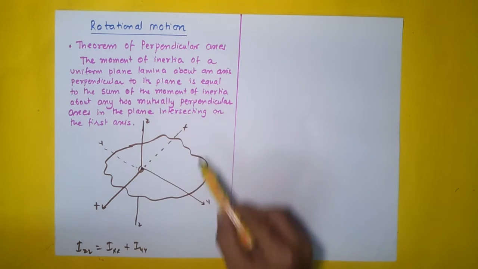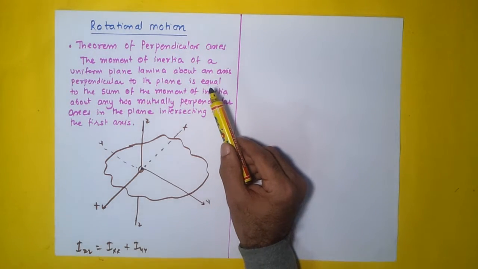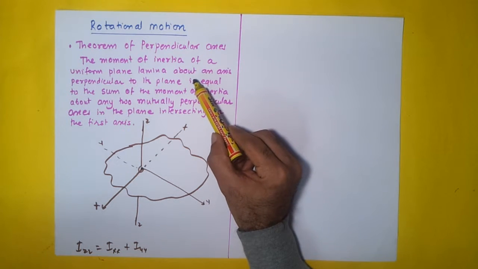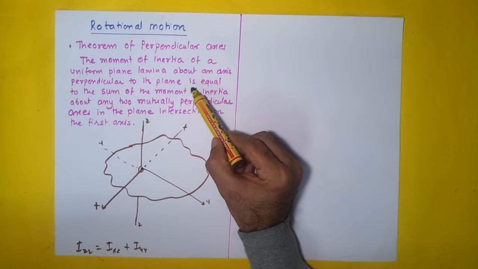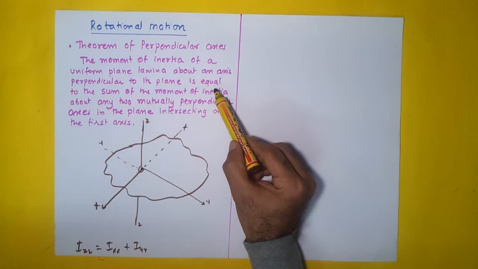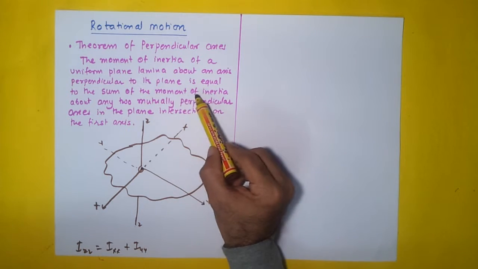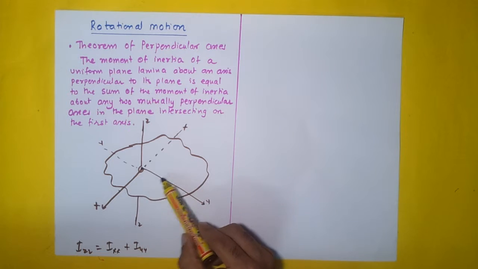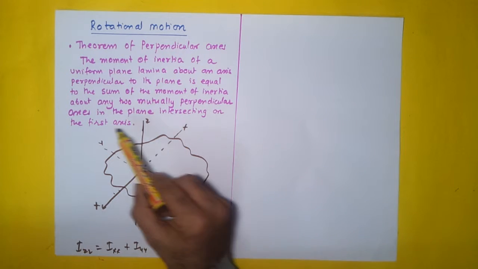So the statement of the theorem of perpendicular axis says that the moment of inertia of a uniform plane lamina about an axis perpendicular to its plane is equal to the sum of the moment of inertia about any two mutually perpendicular axes in the plane.